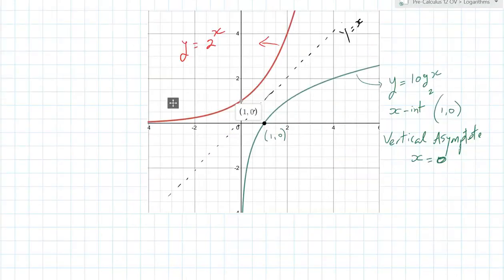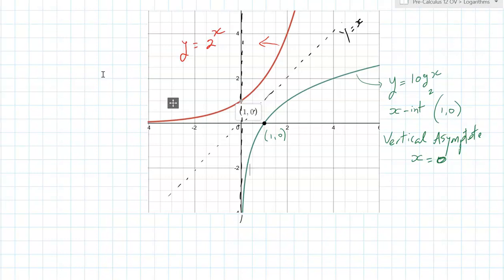Here is the graph again; I just pasted it in. Let me write down a few characteristics of the logarithmic function. The green graph is the logarithmic function log of x base 2. The x-intercept is at (1, 0), and there is a vertical asymptote, which is basically the y-axis, with equation x equals 0. I also want you to remember that when you do the inverse, it's a reflection over the diagonal line y equals x, and that's how we get the two as a mapping.